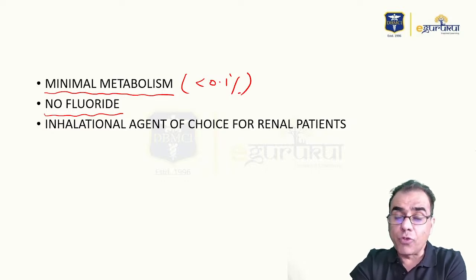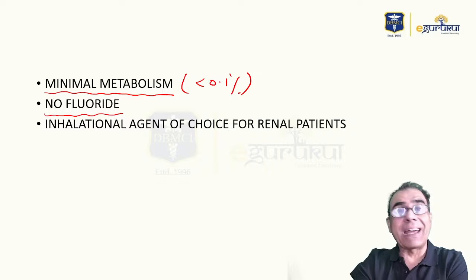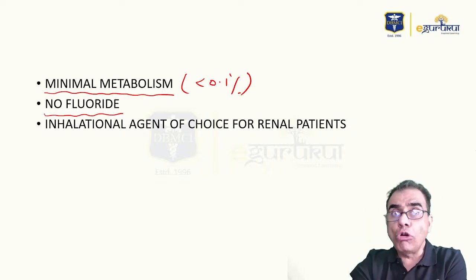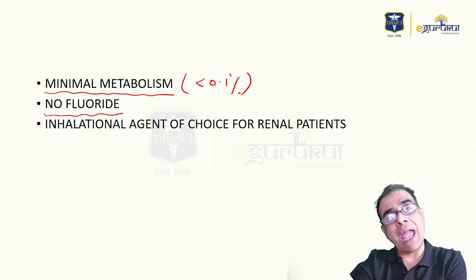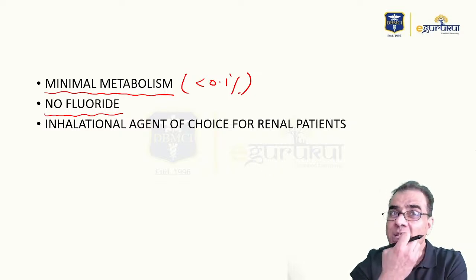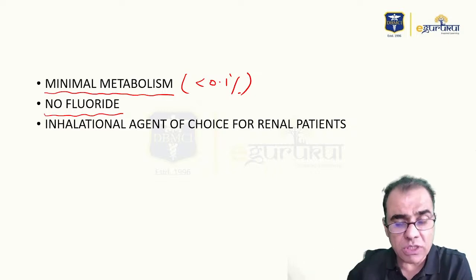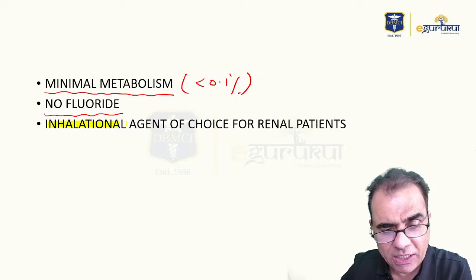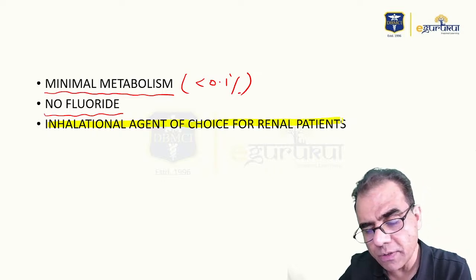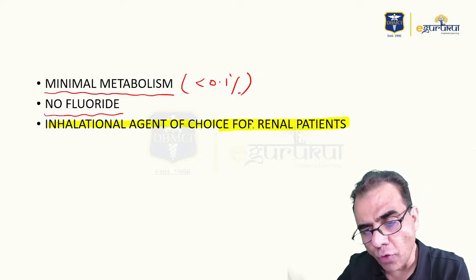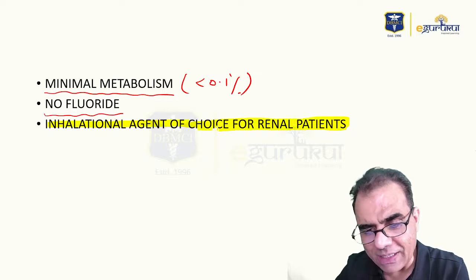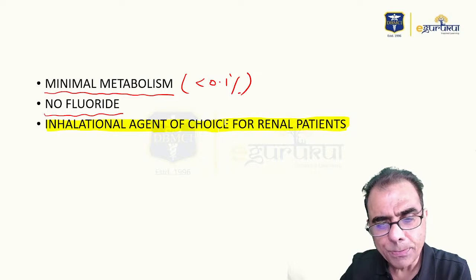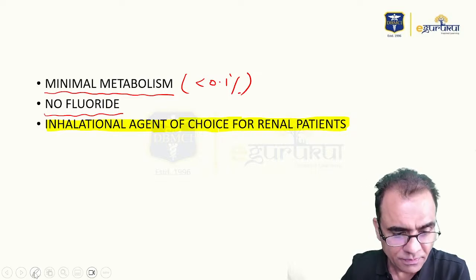But you know that fluoride can cause nephrotoxicity. Desflurane does not produce any fluoride. No fluoride means no risk of nephrotoxicity, making it the inhalational agent of choice for renal patients.